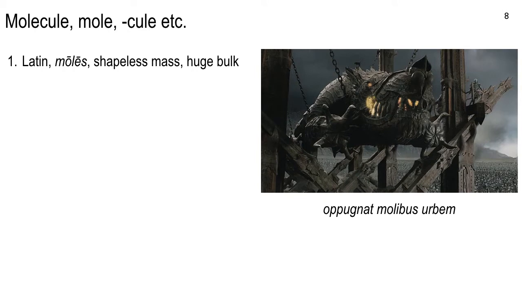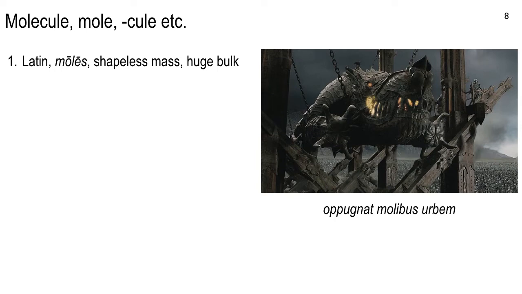In Latin, moles is the root word for a shapeless mass or a huge bulk. And that's what they've got in this picture. The orcs from Mordor were bringing this big shapeless bulk.